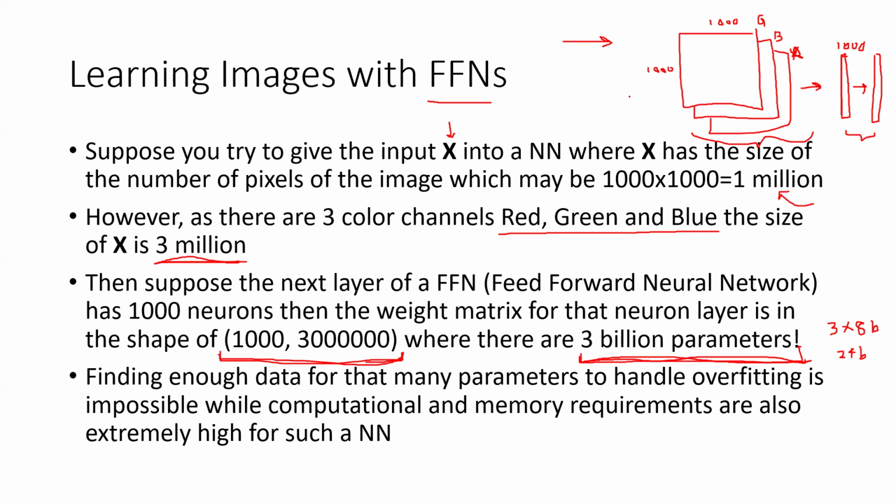That is the problem we have with image inputs, because you need a lot of data first, second you need a lot of computation power, and you need a lot of memory to keep the information. So practically you can't use feed forward networks for large images, right?